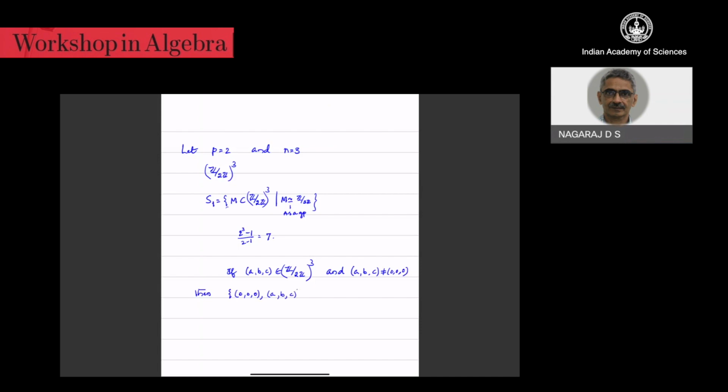I'm saying that this is a subgroup of Z mod 2Z cubed and it's isomorphic to Z mod 2Z. Any non-zero element will give rise to such a subgroup, because if I add (a, b, c) to itself in this group structure, what we get is (0, 0, 0).